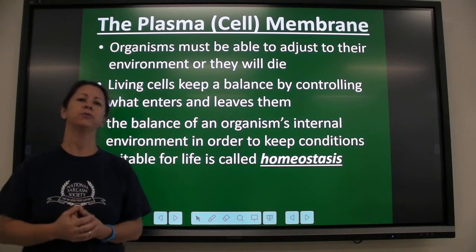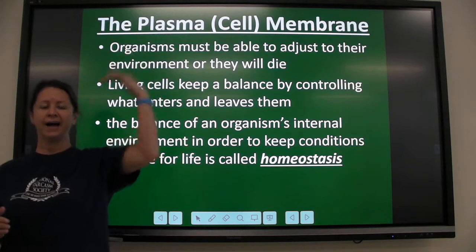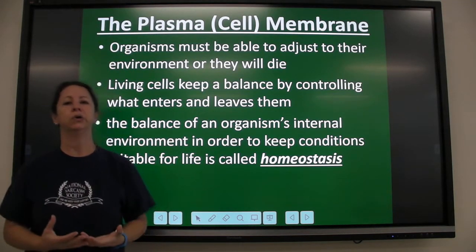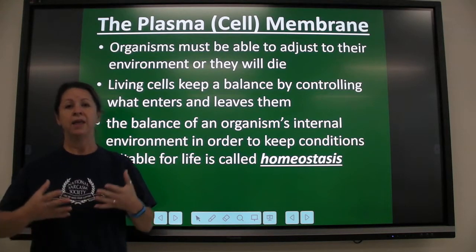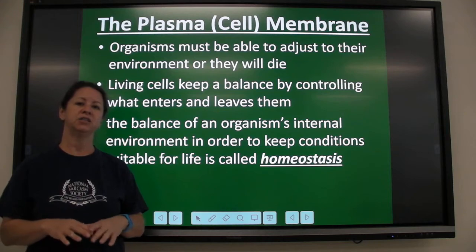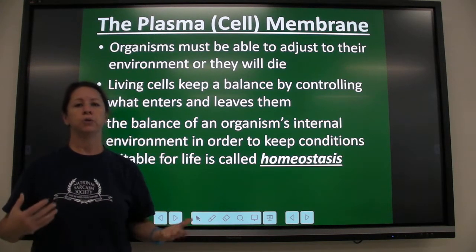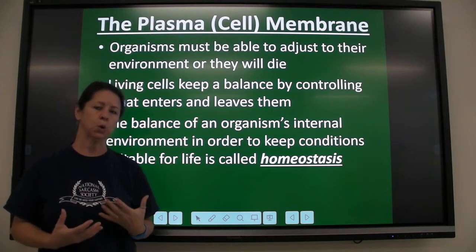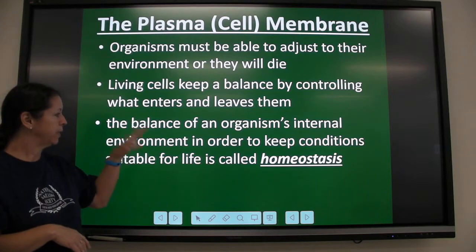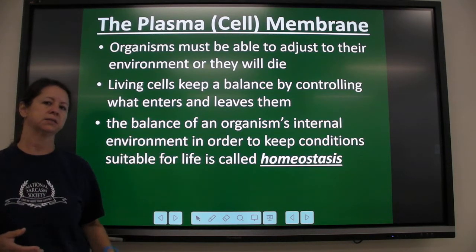If our temperature gets too high, we call it a fever. And as you know, you don't feel good when you have a fever. The reason why is because your body's not in homeostasis. Your temperature is not where it needs to be for your body to do its best work. 98.6 is where it wants to be, and so your body will work to keep homeostasis.